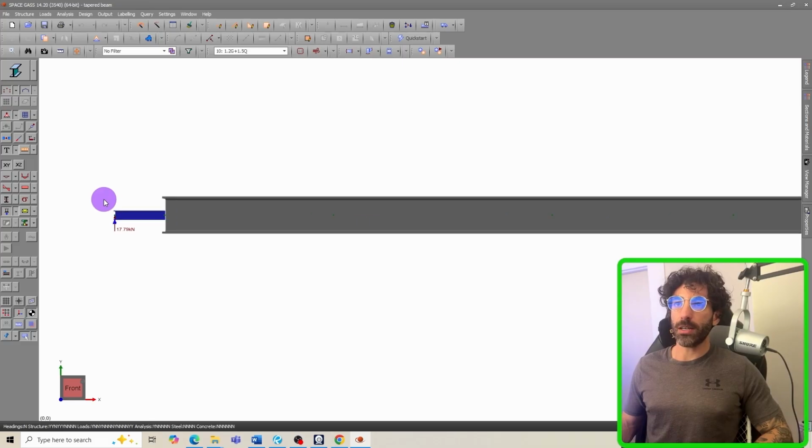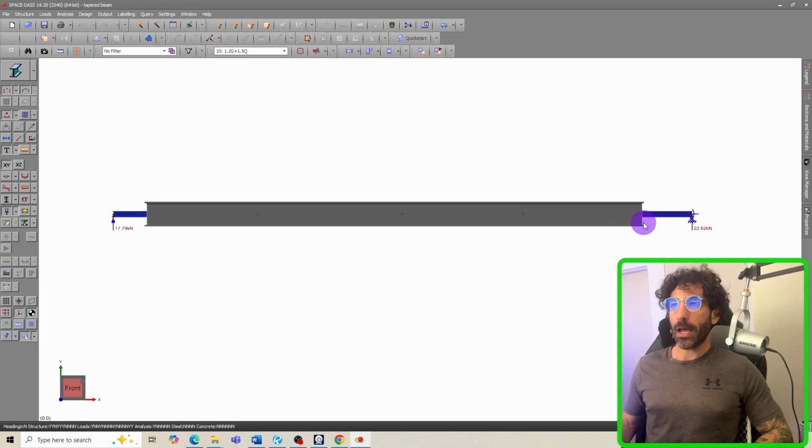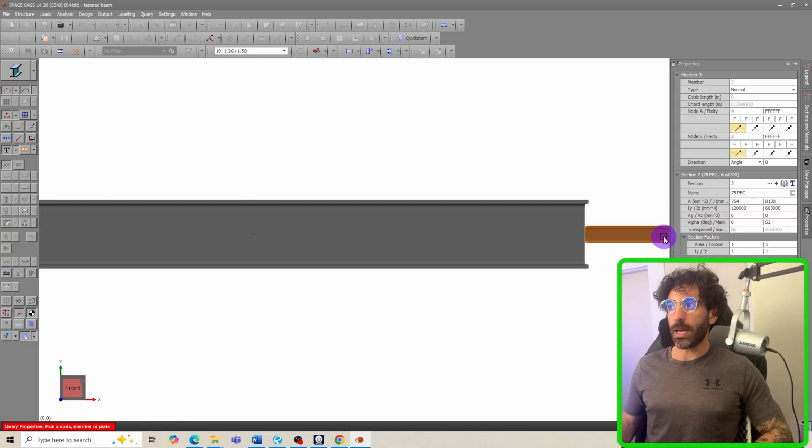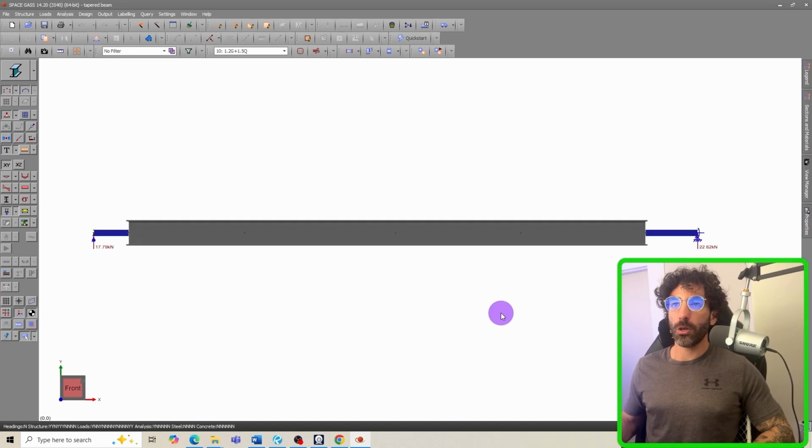I modeled the ends of the beam as 75, and that of course will affect the deflection compared to if it was only 300 from one end to the other. So by doing that, I was able to model a more accurate deflection calculation.